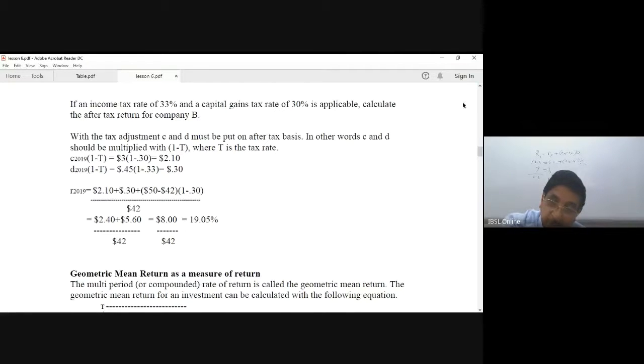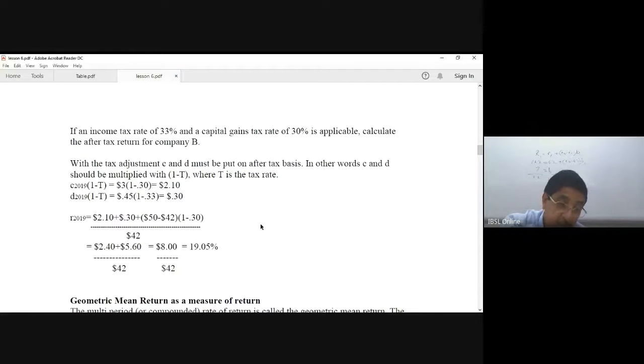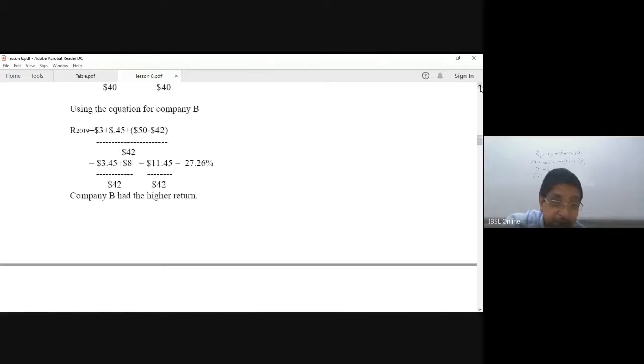Before-tax and after-tax returns, you can calculate and see how you really have a tax burden. In our case, this particular first one, which we calculated, the tax applicable return is only 19.05, whereas the tax-free return is 27.26. That's a substantial tax burden.